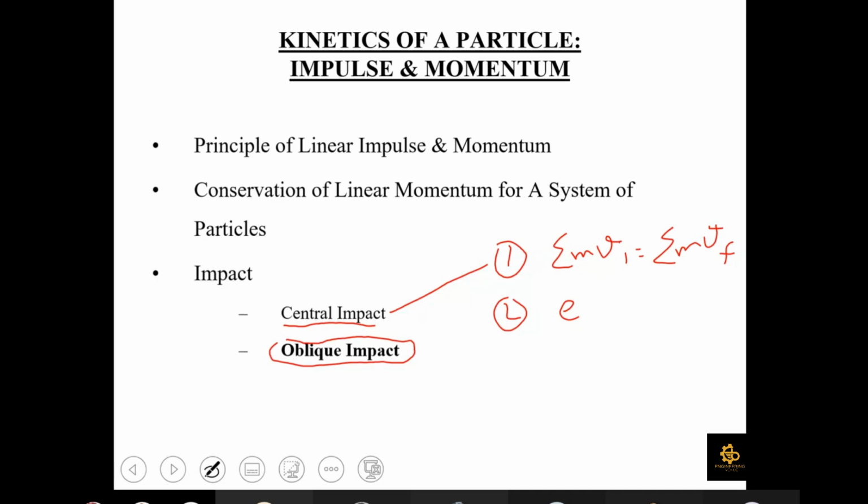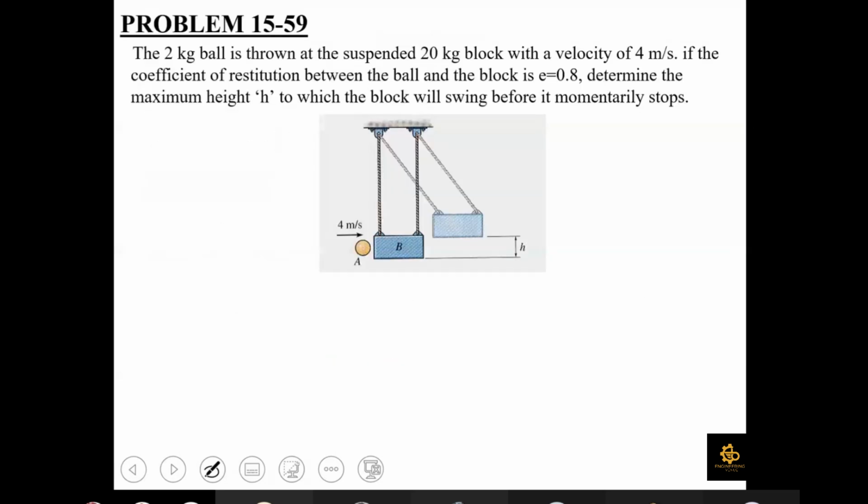So last time we did solve some examples and problems relevant to this topic. Today we are going to solve just one problem from the exercise, and then we will move forward to oblique impact. Now in this problem, which is problem 15-59, you have a particle which is this ball A having a mass of 2 kg, and it is thrown towards this block B with a horizontal velocity of 4 meters per second.